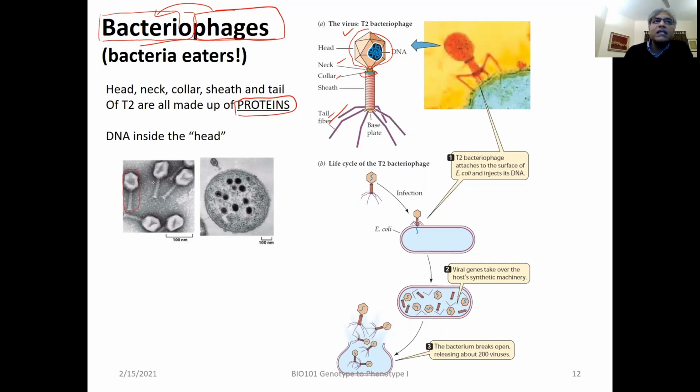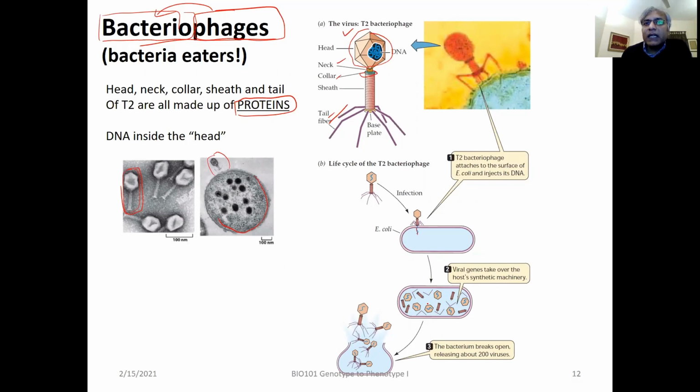Now, this is the real picture, an electron micrograph. This is how it looks. Look here, there is also an electron micrograph, a real picture. The bacteriophage is attached to a bacterial cell. This is the bacteria. And then what it does, it injects its DNA within the bacteria.